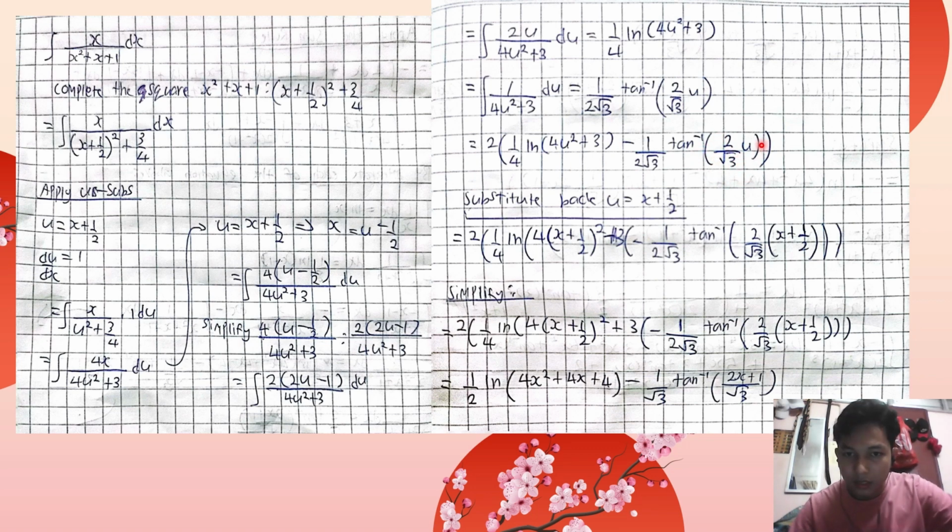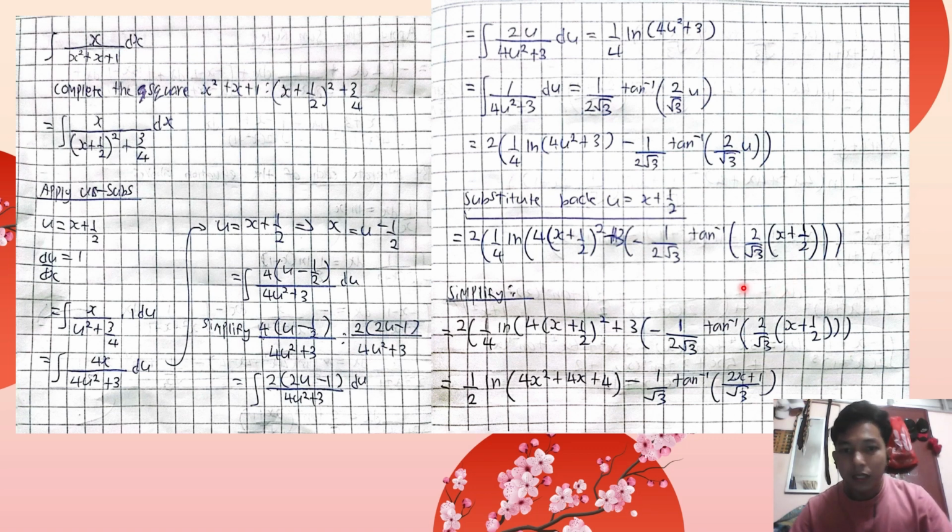And then we can now substitute back u, which is u equal to x plus 1 over 2. And then we can get 2 bracket of 1 over 4 ln(4(x plus 1 over 2) squared plus 3) minus 1 over 2 square root 3 arctangent of 2 over square root 3 times (x plus 1 over 2).